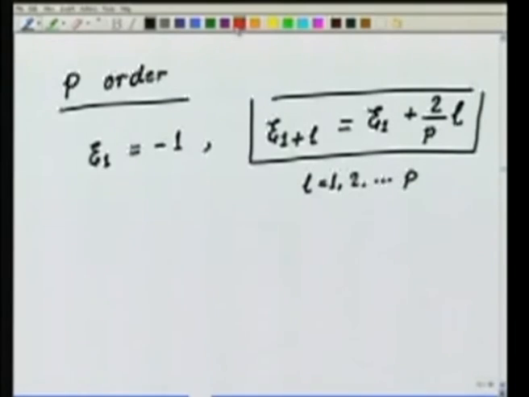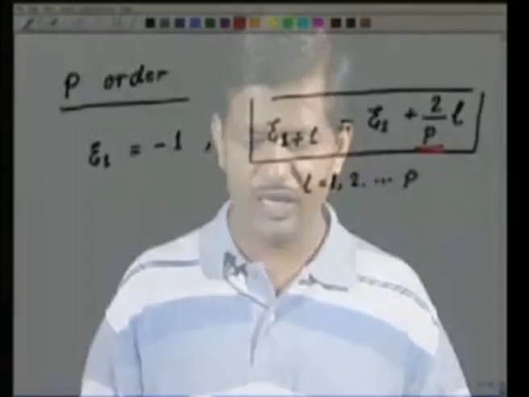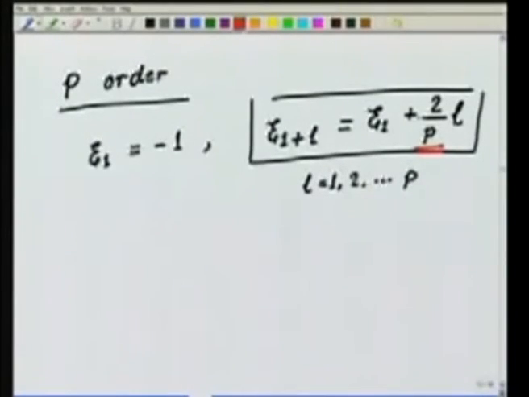So what is this? Actually this 2 by p is nothing but the interval length between two consecutive points. So if I define these points psi k in such a way, then I can define my Lagrange polynomials, which are nothing but the shape functions, quite easily. So before defining the shape functions, we should define these points psi k and then go ahead and define the shape functions.